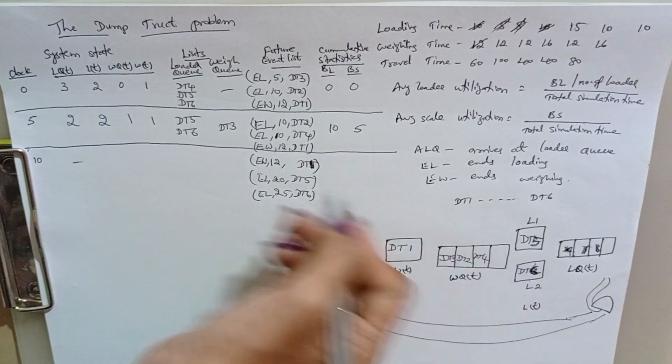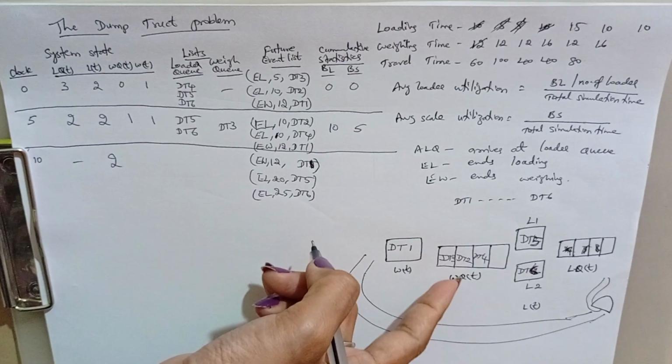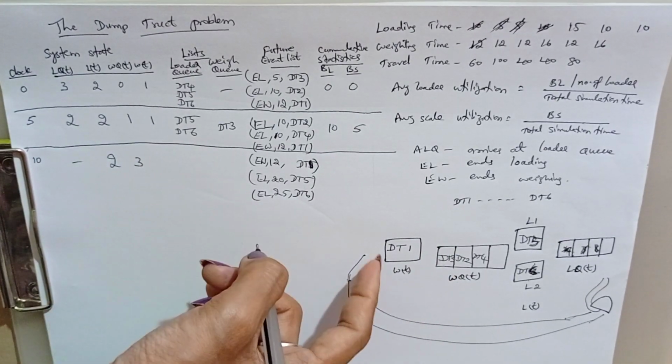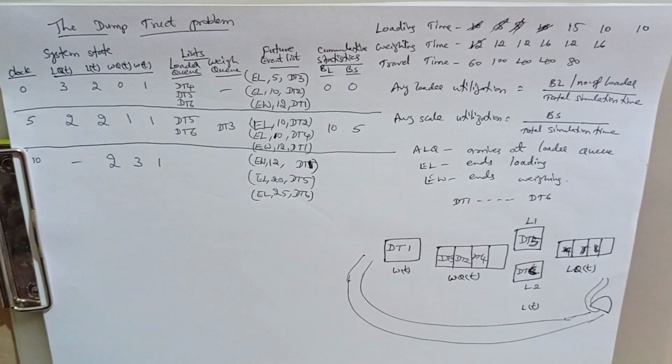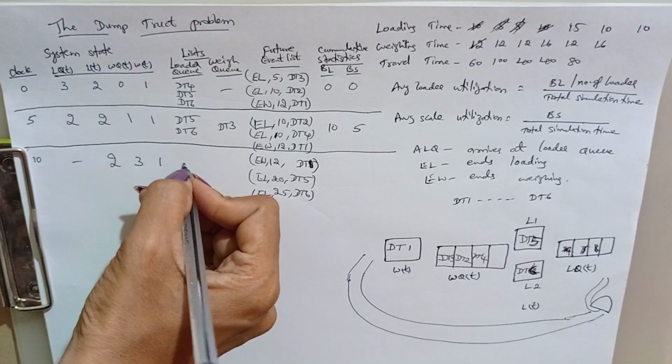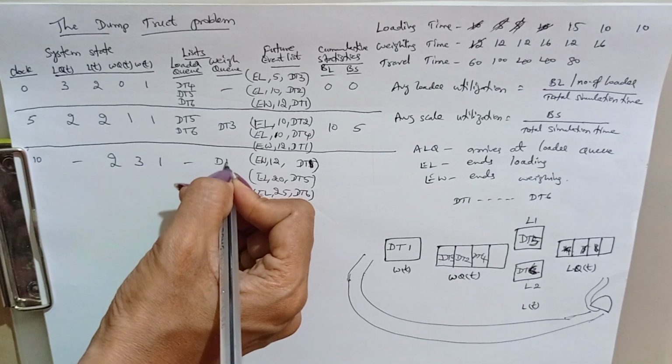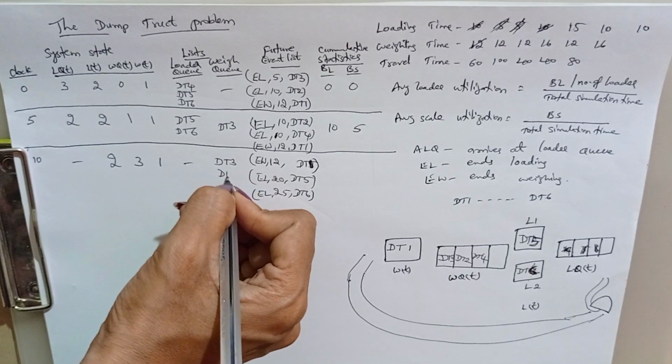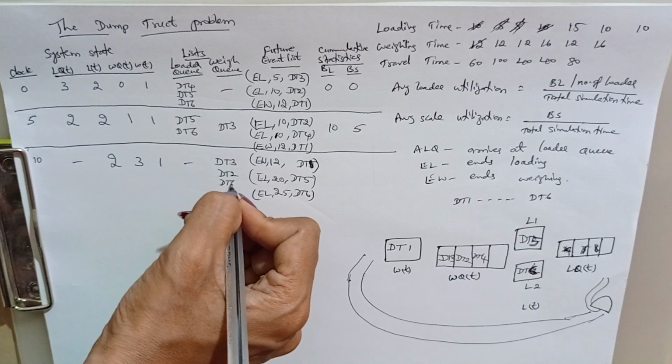And next, 2 on loading and 3 on weighing queue and weighing scale 1. Here nothing. Truck 3, truck 2 and 4.